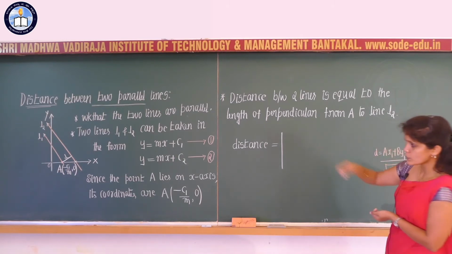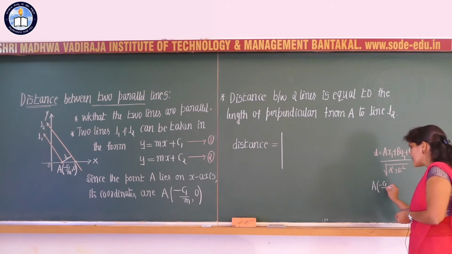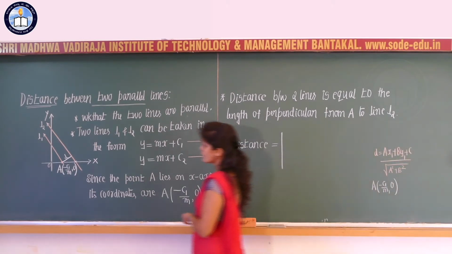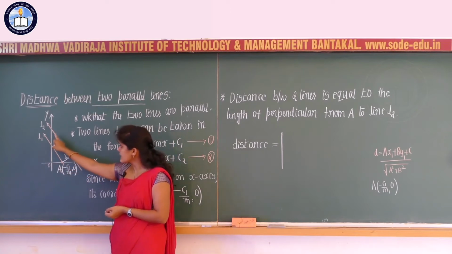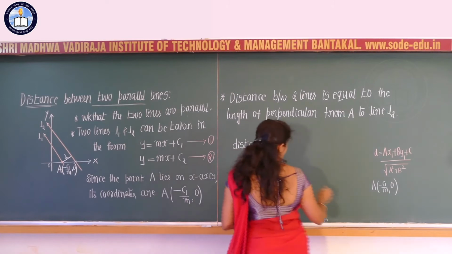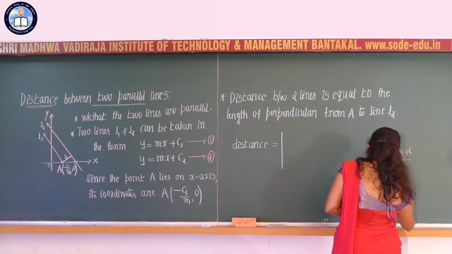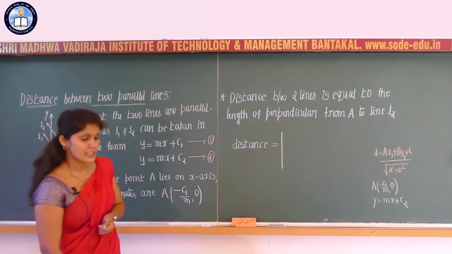With respect to this diagram, we know that A is a point with the coordinates minus c1 divided by m, comma 0, and the line is the equation of the line L2. What is the line L2? Line L2 I can write as y is equal to mx plus c2.